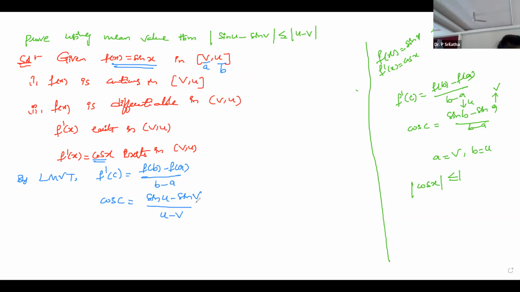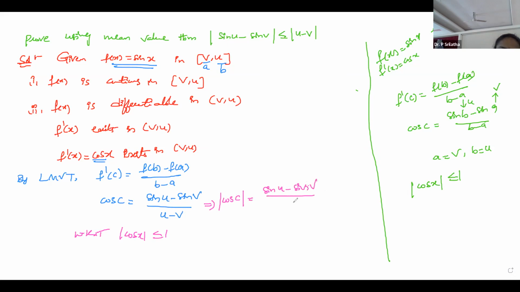But here we have to use one condition. We know that the condition is modulus of cos x is less than or equal to 1. So after this step, we write one more step: take modulus on both sides.